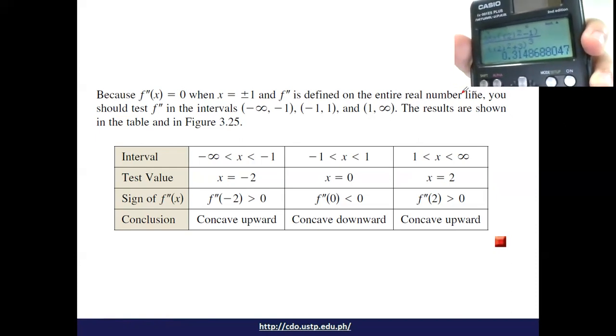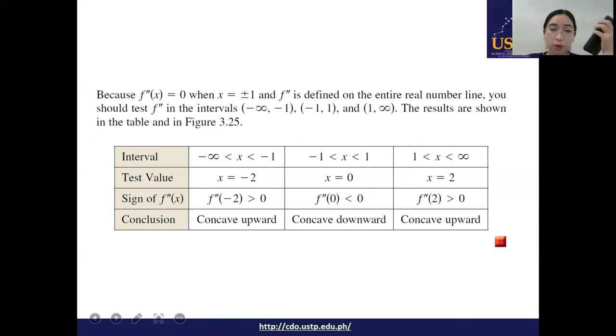So therefore, it is greater than 0. So our conclusion is concave upward in this interval. Okay, so it's up to you what you will use as test values. Basta within the range lang.